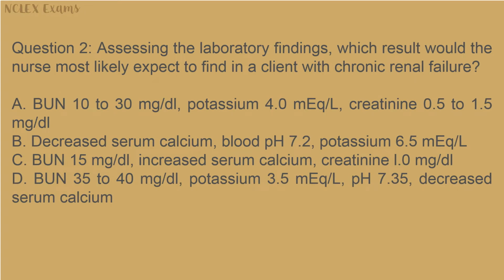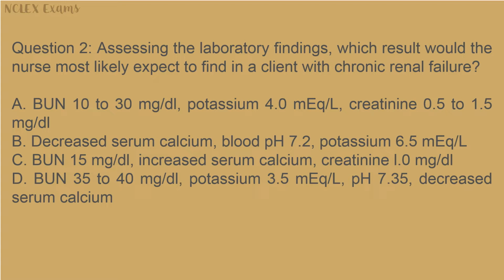Question 2. Assessing the laboratory findings, which result would the nurse most likely expect to find in a client with chronic renal failure? A. BUN 10 to 30 mg/dL, potassium 4.0 mg/L, creatinine 0.5 to 1.5 mg/dL.